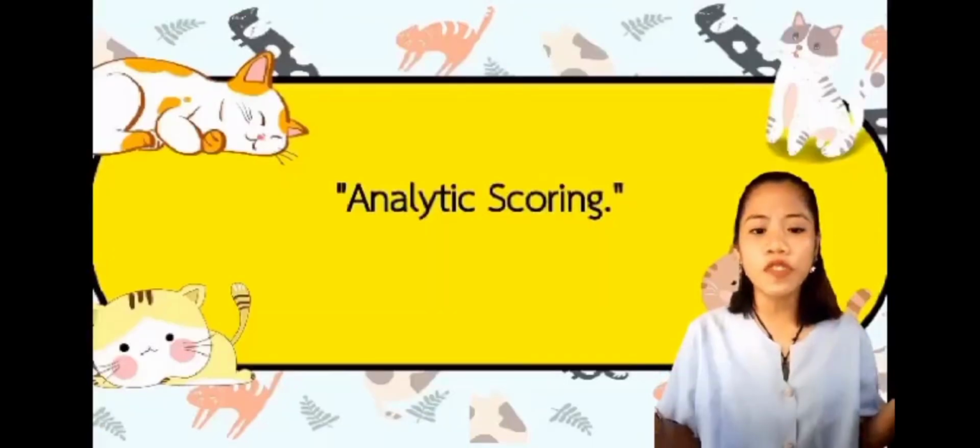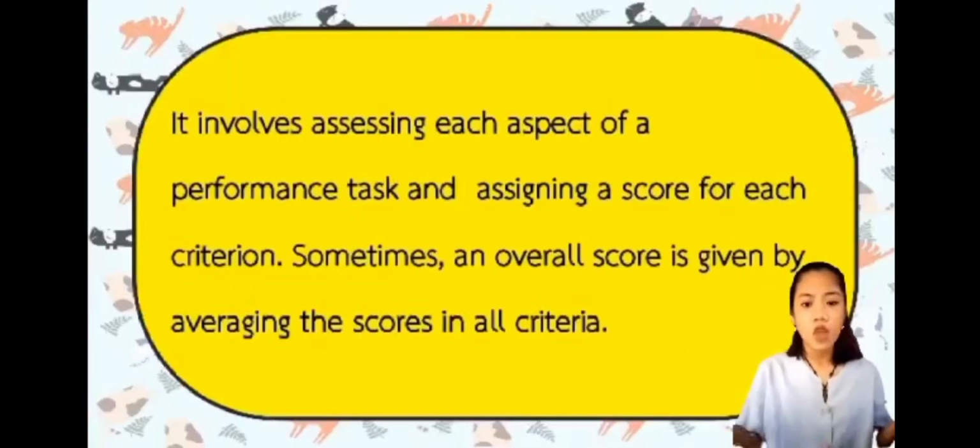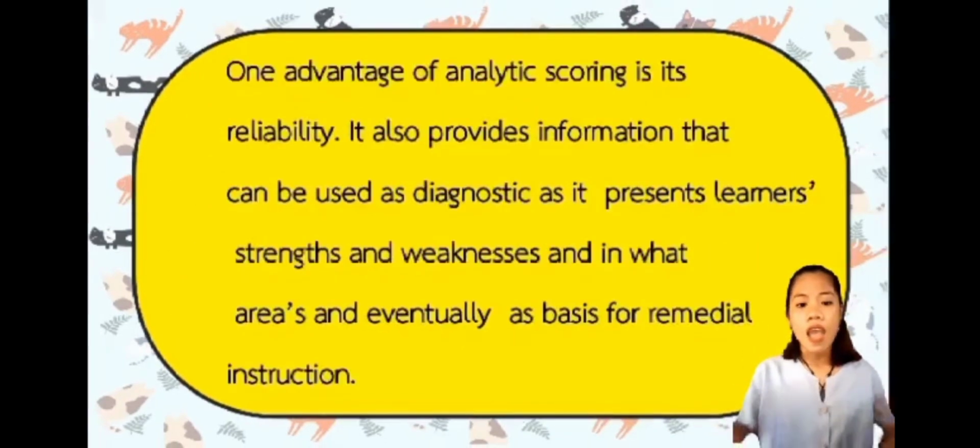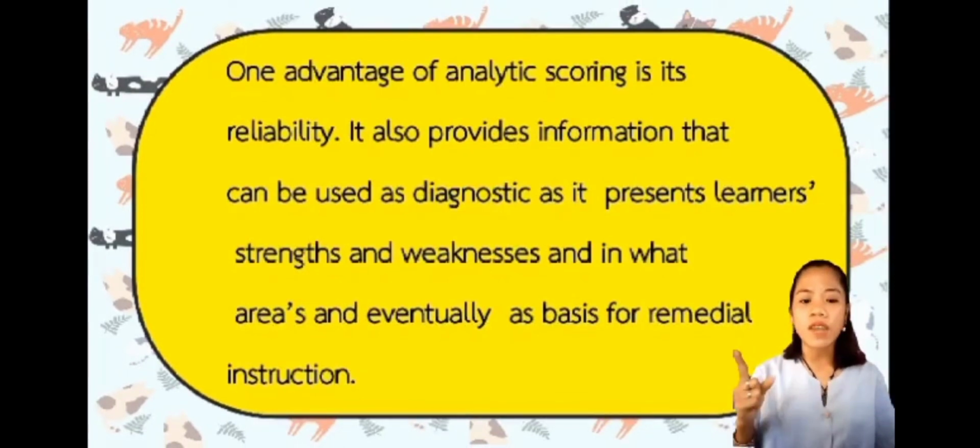So let's move to the analytic scoring, which involves assessing each aspect of a performance task and assigning a score for each criterion. Well, sometimes an overall score is given by averaging the scores in all criteria. And one advantage of analytic scoring is the reliability.